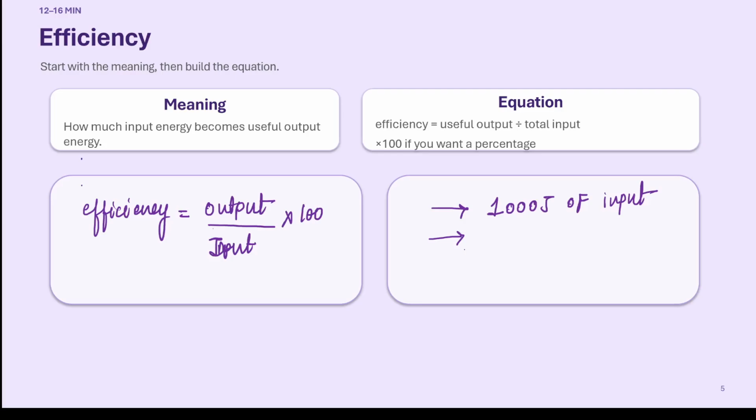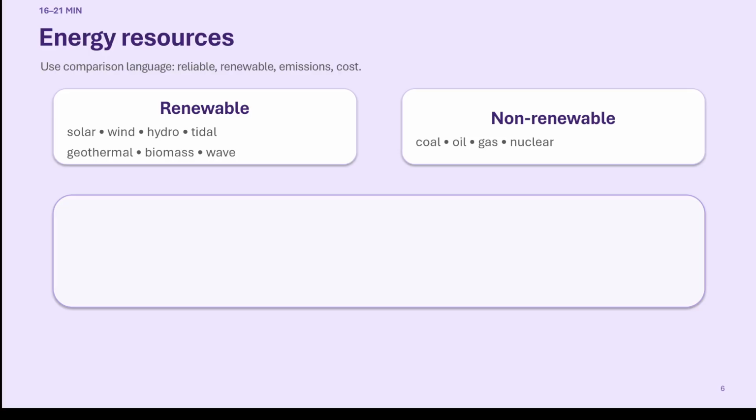Now, energy resources. Where are we getting energy from? There are different kinds of energy resources. Always use comparison language, like reliable. I'm going to give you an example. First, what is renewable? Something that can be renewed are the renewable energy resources. For example, solar energy, wind energy. Solar energy can be renewed, can be reused.